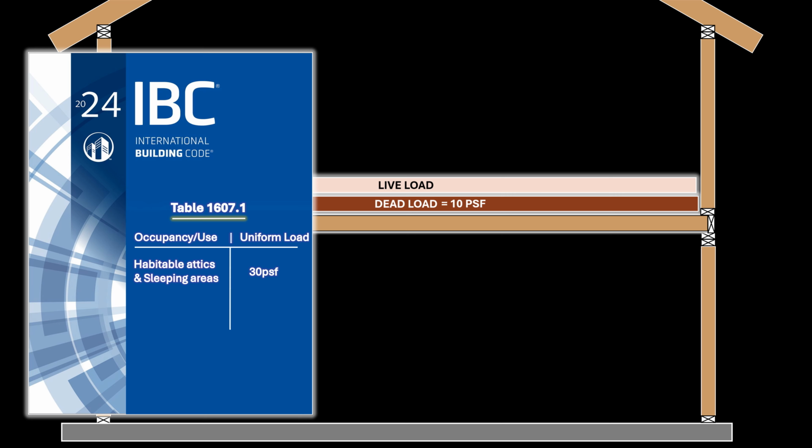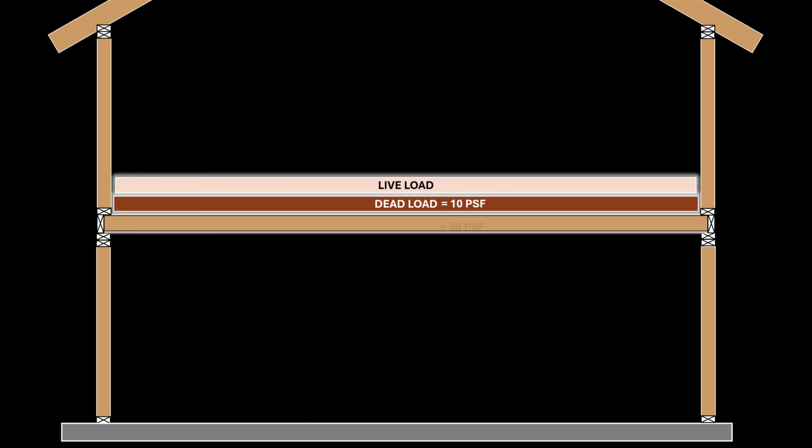All other areas should be designed to support a uniform live load of 40 pounds per square foot. Structural engineers typically use the 40 pounds per square foot uniform loading to design floor framing elements in residential buildings. This is the uniform live load that we will use in this example.